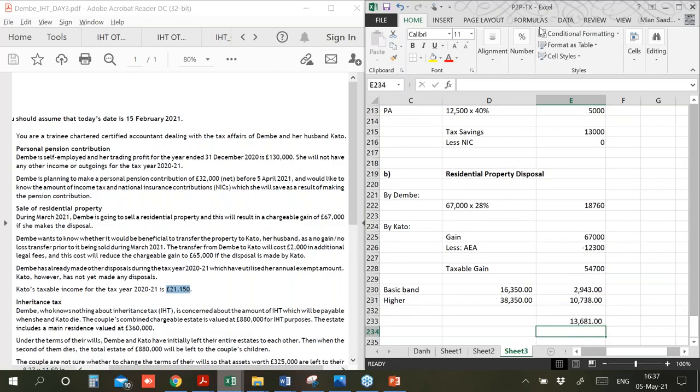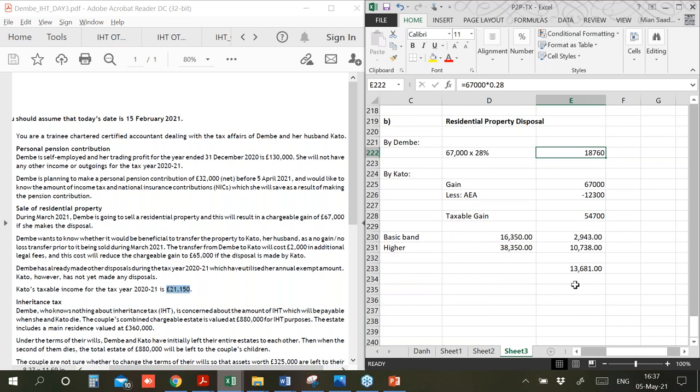In his case, it is 13,681 as compared to 18,760 that was in the case of Dembe. Now, the tax saving will be the tax liability of Dembe minus the tax liability of Kato. 5,079 they'll be able to save.